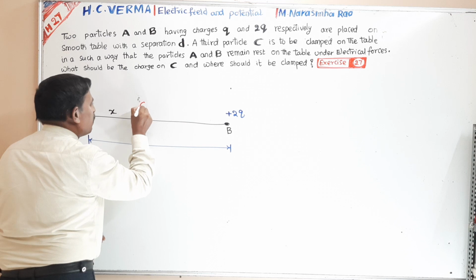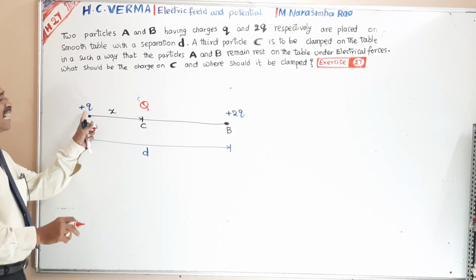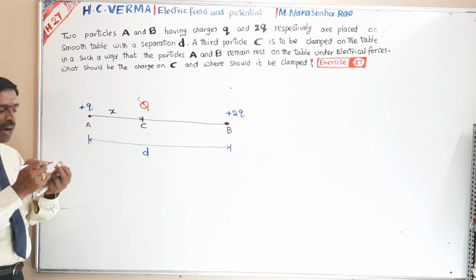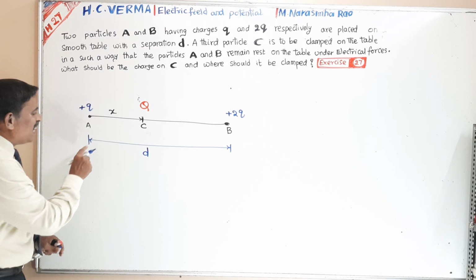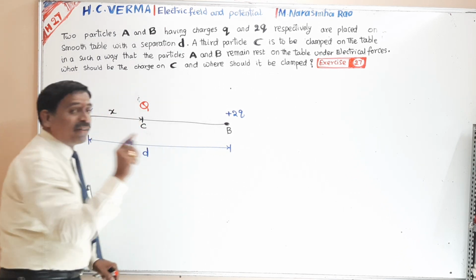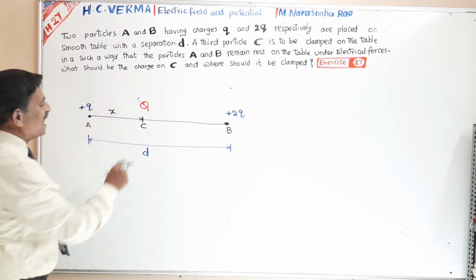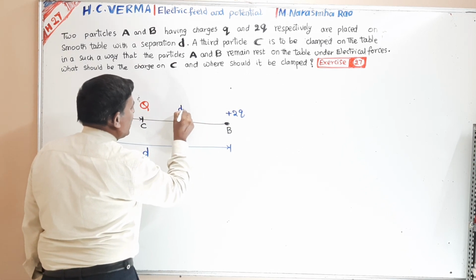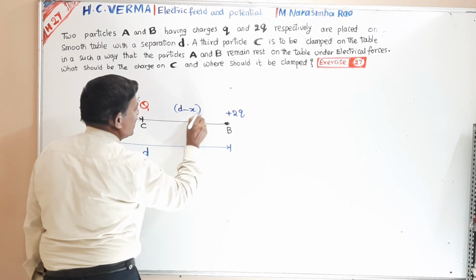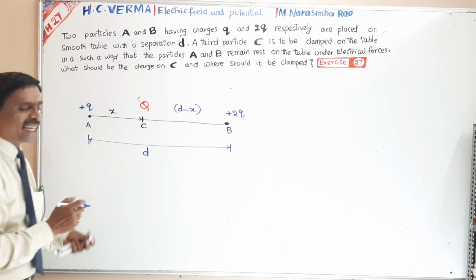The third charge I am taking as capital Q, which is at a distance of x from the charge Q, and I am calling this point C. Now, the total distance between the charges is d, this distance is x, and the remaining distance is d minus x. The distance between C and B is d minus x.